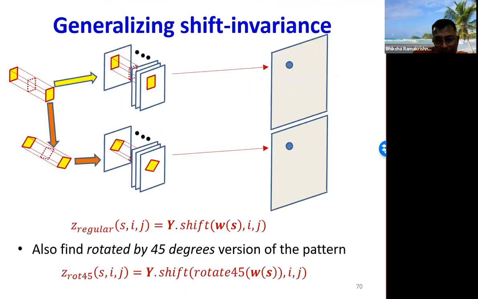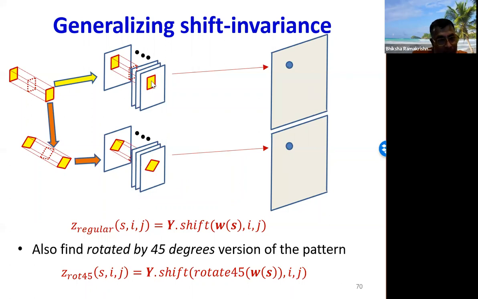Now, we can generalize this, and instead of just looking for shifted versions of the pattern, we can also look for, for example, the instance rotated by 45 degrees and then shifted. So for this, we'd make two copies of the filter, one regular, then we would rotate the filter by 45 degrees, and then we'd scan the input using both the original filter and the rotated filter.